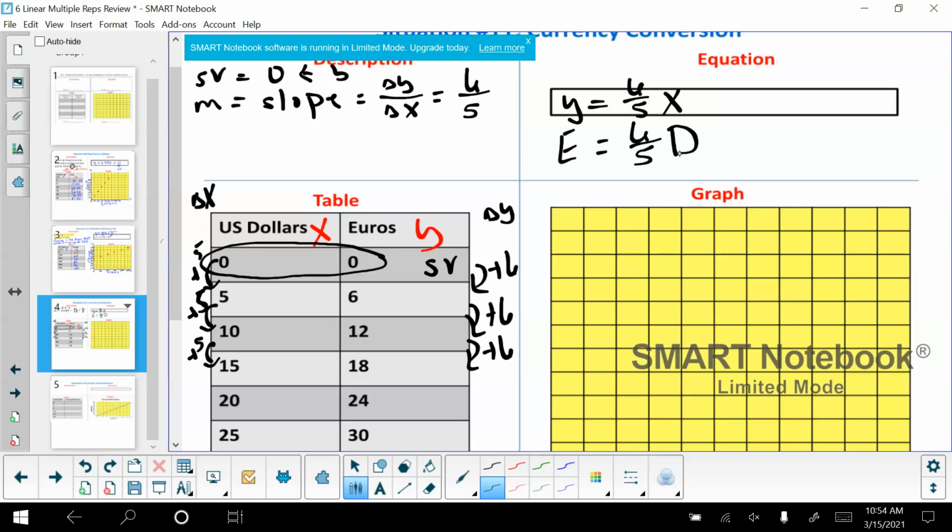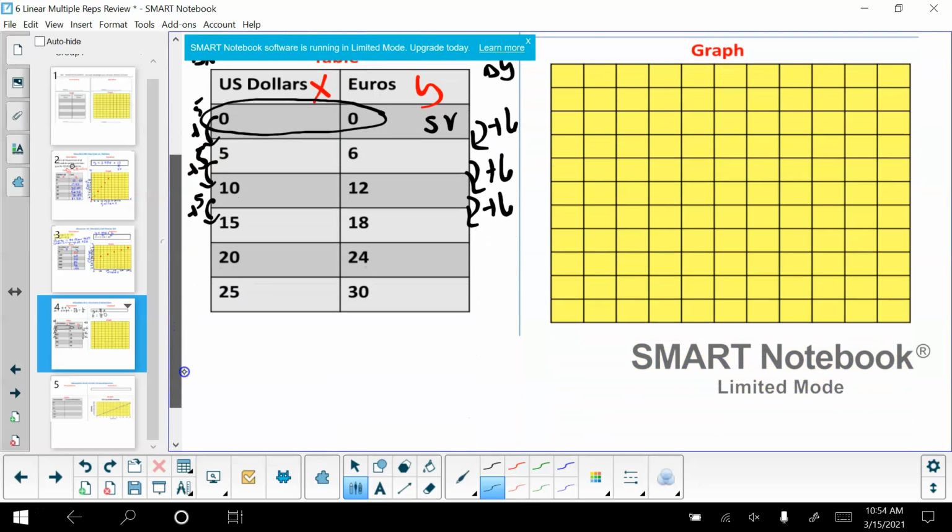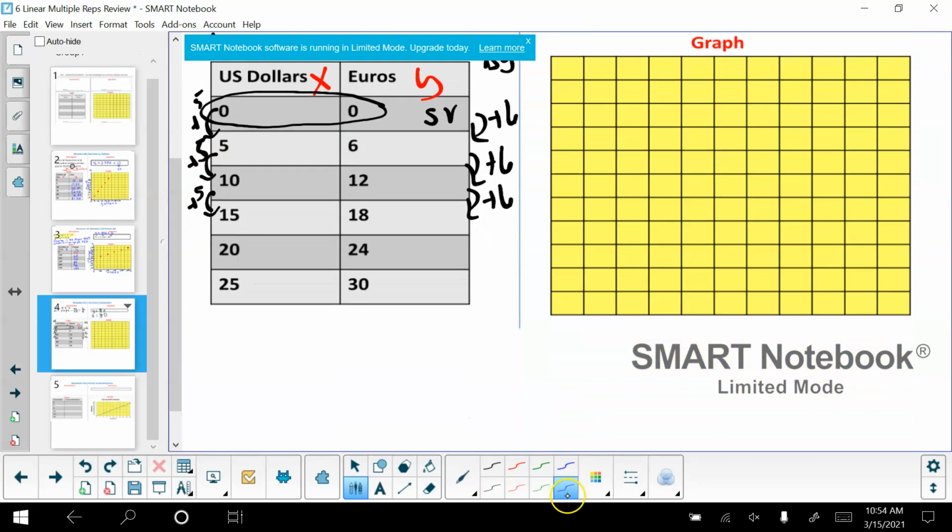And if I wanted to write a sentence about it, I could say the exchange rate for dollars to euros is at a rate of 6 euros for $5, because the 6 is the euros and the 5 is the dollars. But I'm just going to go ahead and leave it as the starting value and the rate, because that's fine too. And I'm going to go ahead and do my graph.